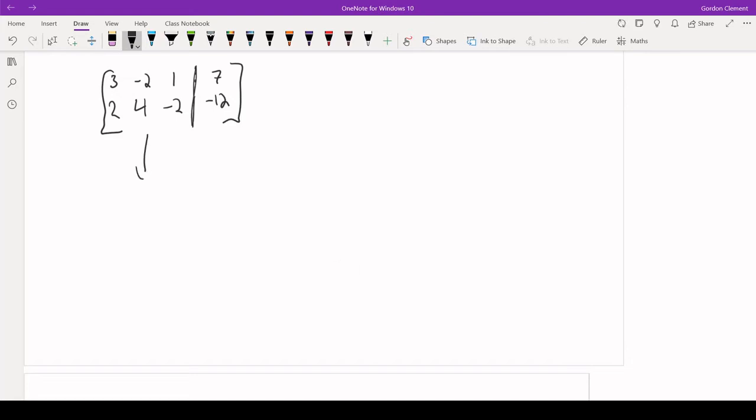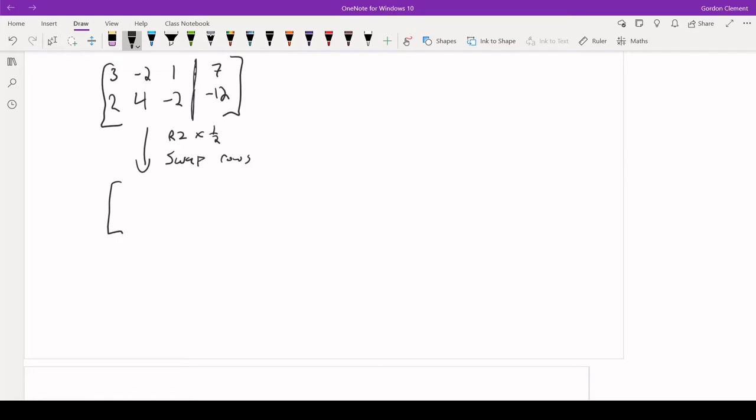So what I'm going to do is write between what I'm doing. So I'm going to swap the rows. And then I'm going to do, well, maybe I'll write it as, just so it's not confusing, row 2 times a half. So divide everything in that row by 2. And then I'll swap the rows so that I know which row I'm actually multiplying by a half.